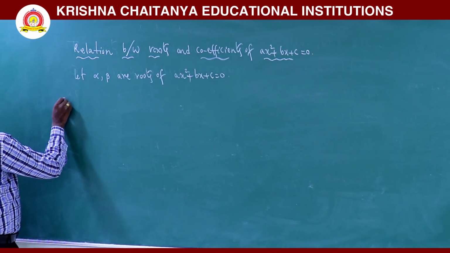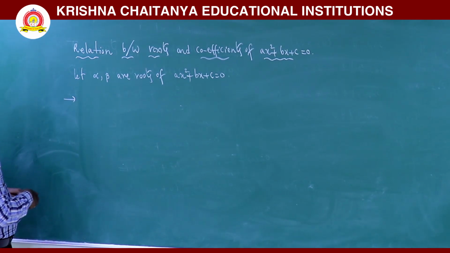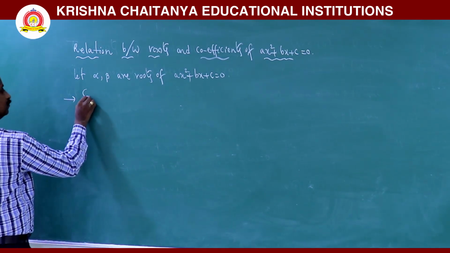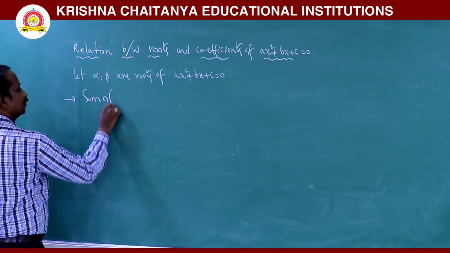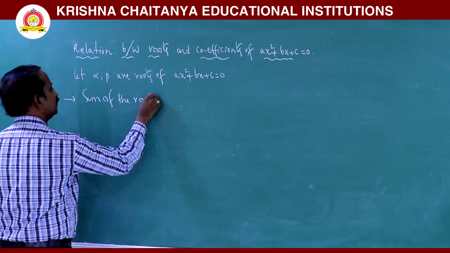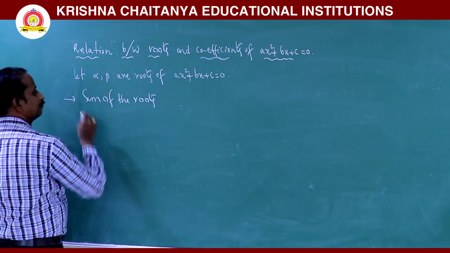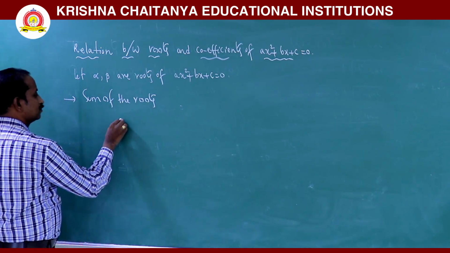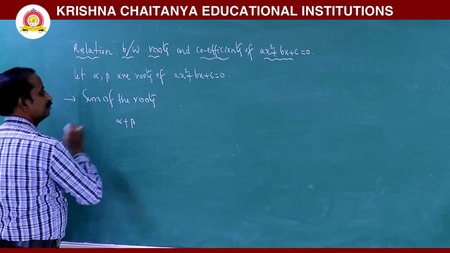Now first we discuss the sum of the roots. Sum of the roots means nothing but alpha plus beta. So what is alpha? What is beta?